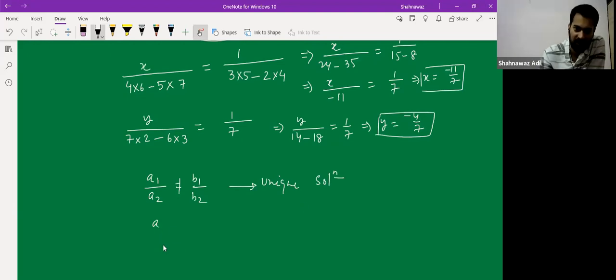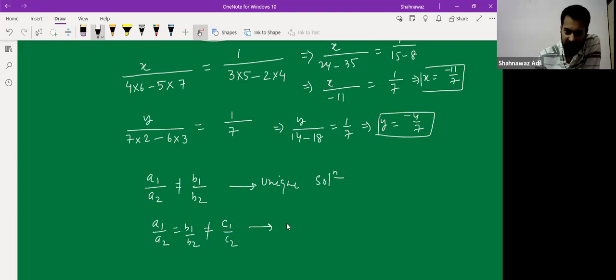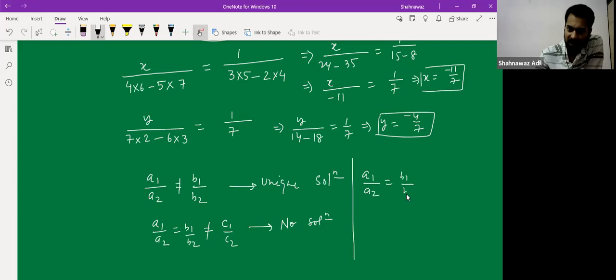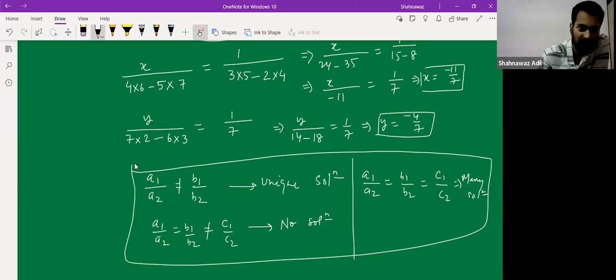And this was the no solution case, right? And the last one was what? All equal. Many solutions. So this we will need in this chapter or the next one. So this you don't need to write, because you know.